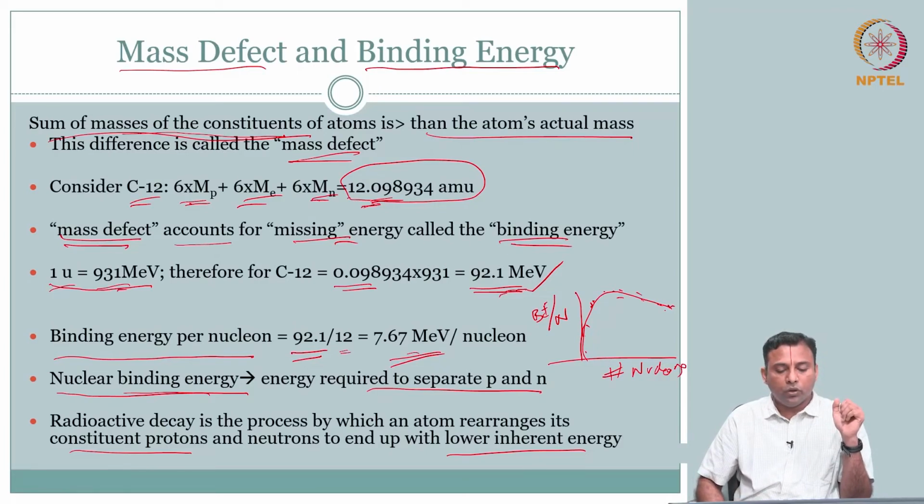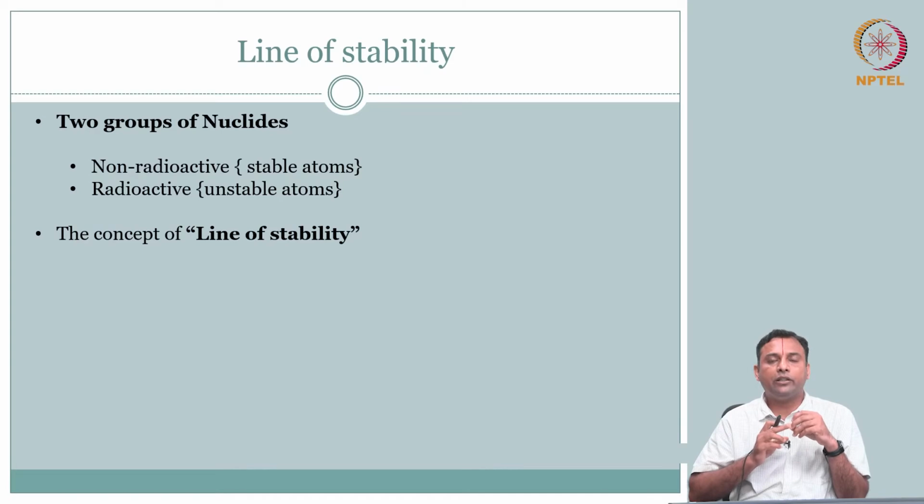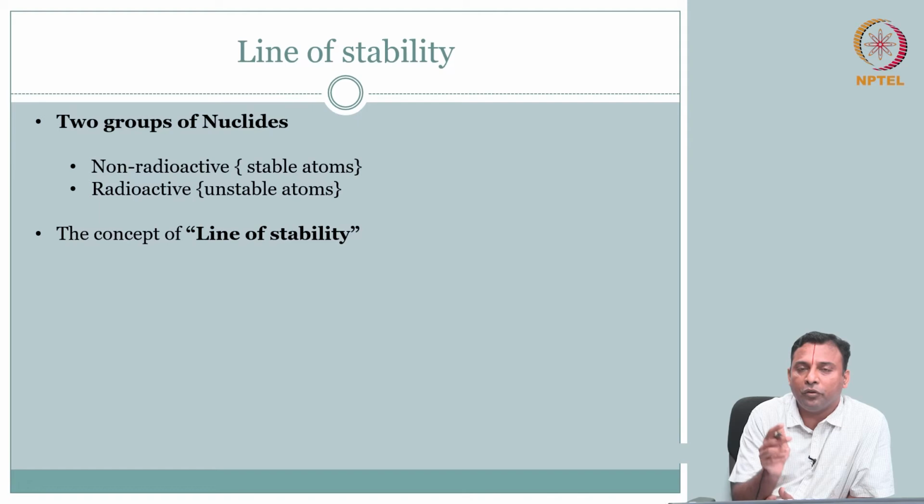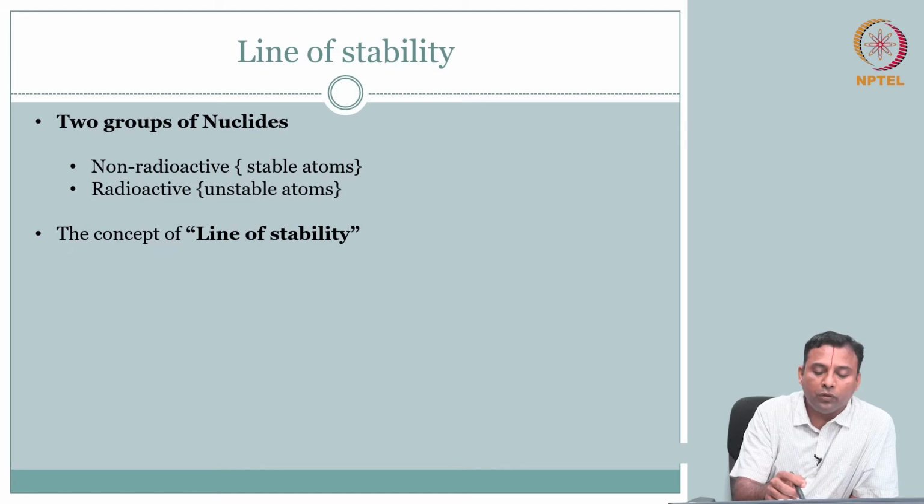Remember I said the number of protons is approximately the number of neutrons, and that we would look at the relationship between neutrons and protons. So we have two groups of nuclides.